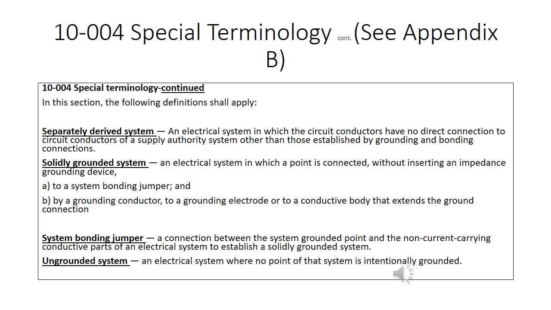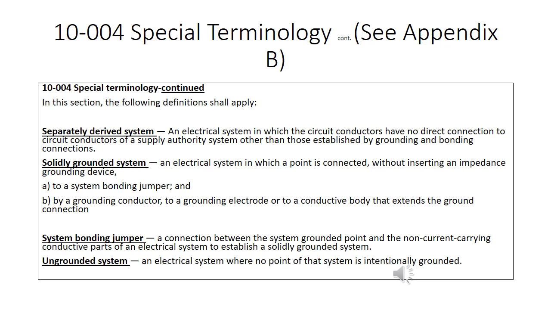Or it could be a bonding jumper or a bonding tab that is located in a panelboard, for example, a 120/240, 120/208 volt 3-phase distribution system. The conductor that goes from the frame of the enclosure to the neutral bus is called the system bonding jumper.